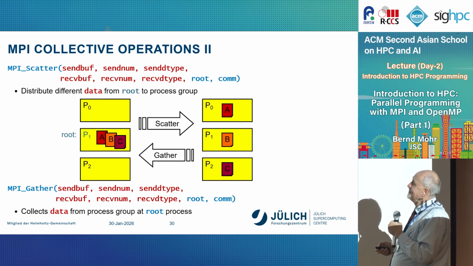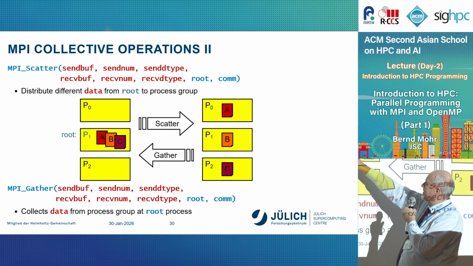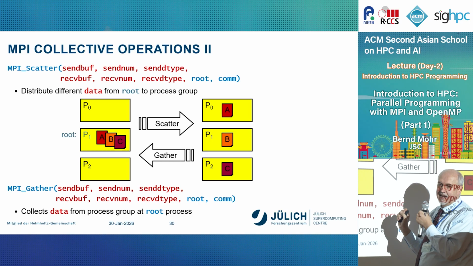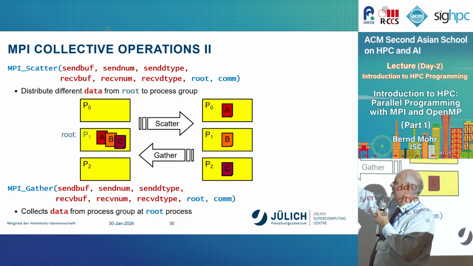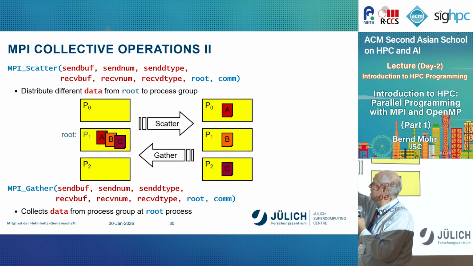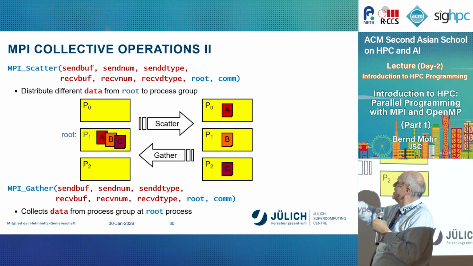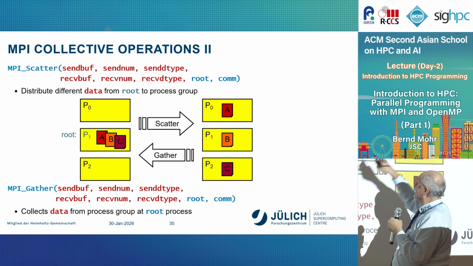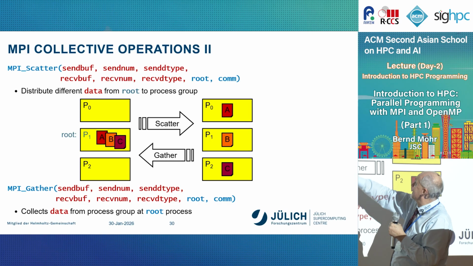Here's another situation. The process has a vector of data, and the first element goes to the first processor, the second to the second, so you split things out. A goes to the first one, B goes to the second one, and C goes to the last one. This is called scatter.